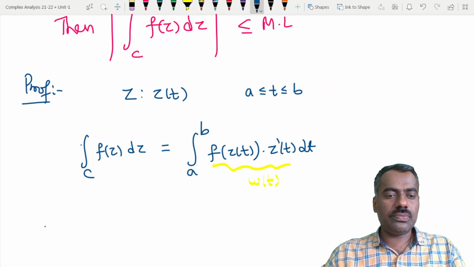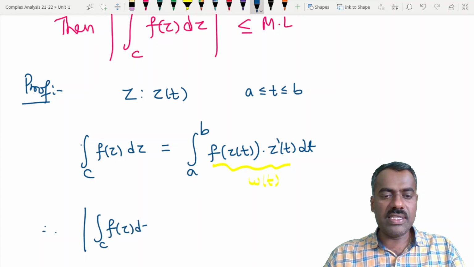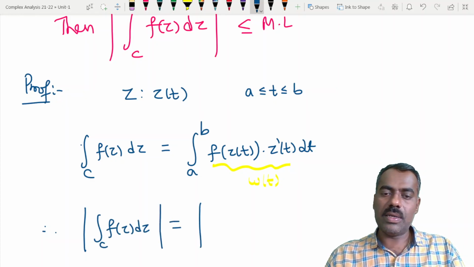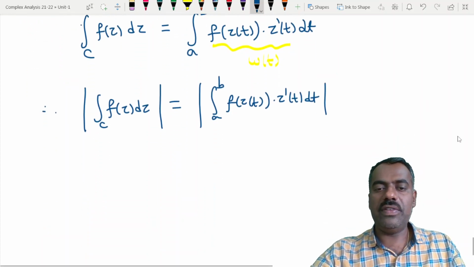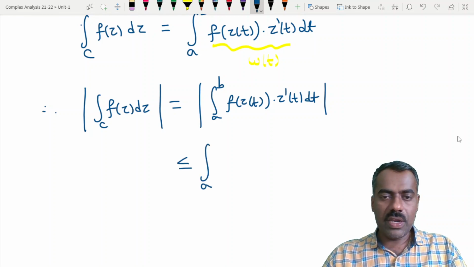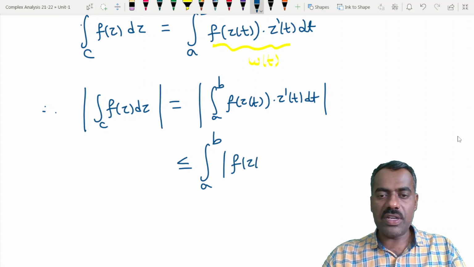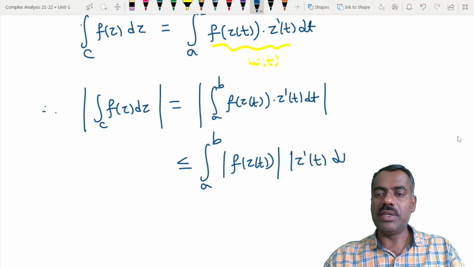So by the previous lemma, the absolute value of the integration over C of f of z dz, which is the absolute value of the integration from a to b of f of z of t into z dash of t dt, is less than or equal to the integration from a to b of mod f of z of t into mod z dash of t dt.